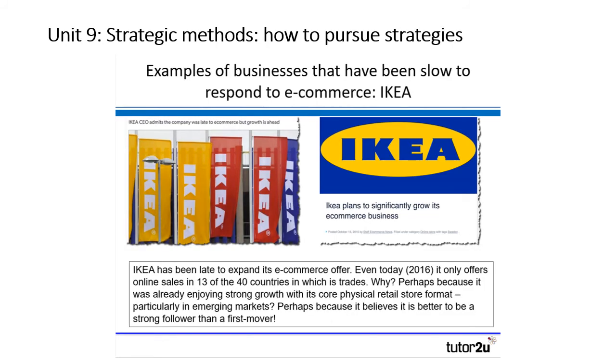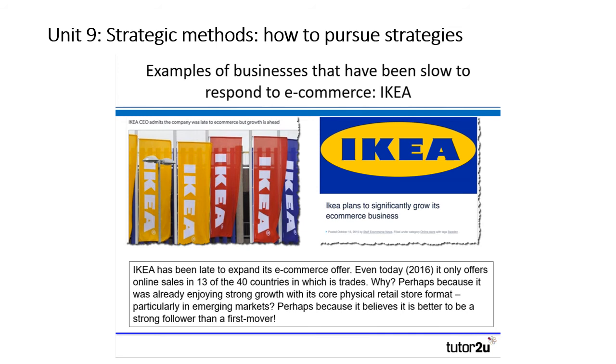So unit 9, we're now looking at strategic methods, how businesses pursue different strategies. And this is again looking at it from boardroom level. What sort of overall key decisions are being made for the business? IKEA, for instance, was quite late to get into e-commerce. Has that been a bad thing for the business? Well, potentially not. The business model has been very successful.